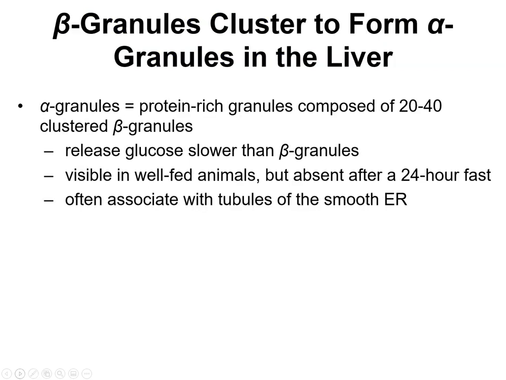Alpha granules are just protein-rich granules that have a bunch of beta granules. They release glucose slower than beta granules, and they're often associated with the tubules of smooth ER.